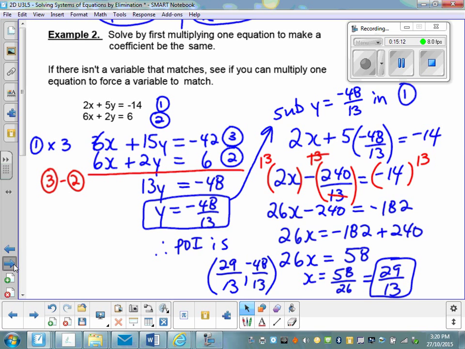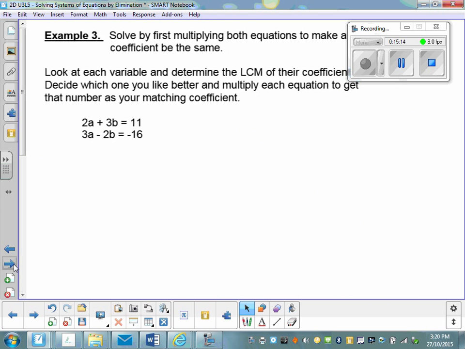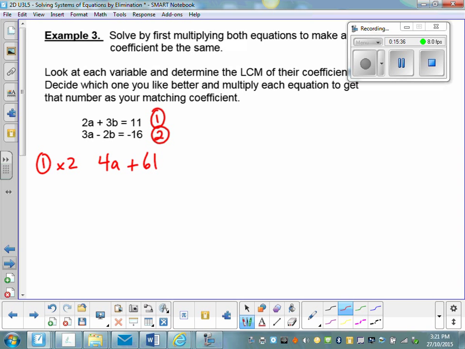All right. Last example. Sometimes we can't just multiply one equation by a number to make the coefficients match up. We have to multiply both equations by a number to get them to match up. So in this case, if I take equation 1 and multiply it by 2, it's going to give me 4a plus 6b equals 22, and I'll call that equation 3.